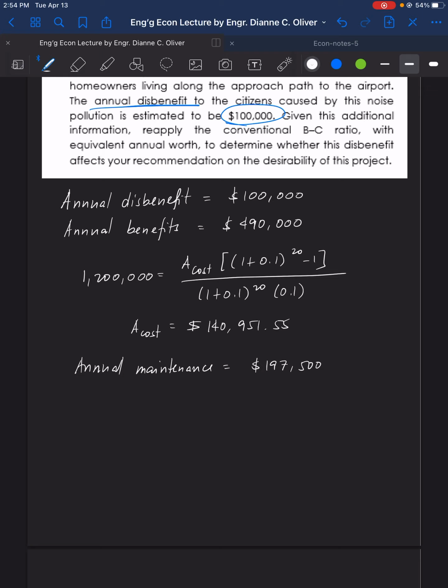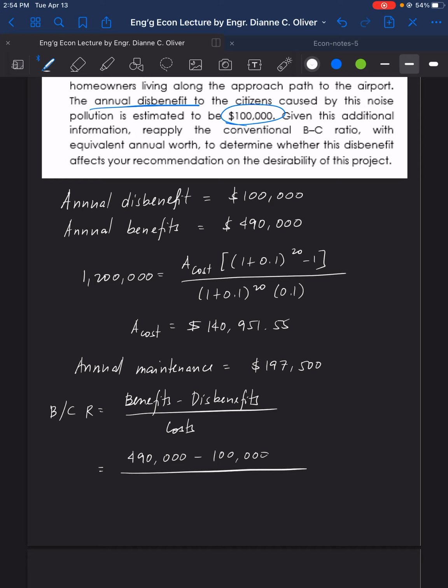Therefore, our benefit cost ratio equals the benefits minus the disbenefits divided by the costs. We have 490,000 annual benefits, annual disbenefit is 100,000.